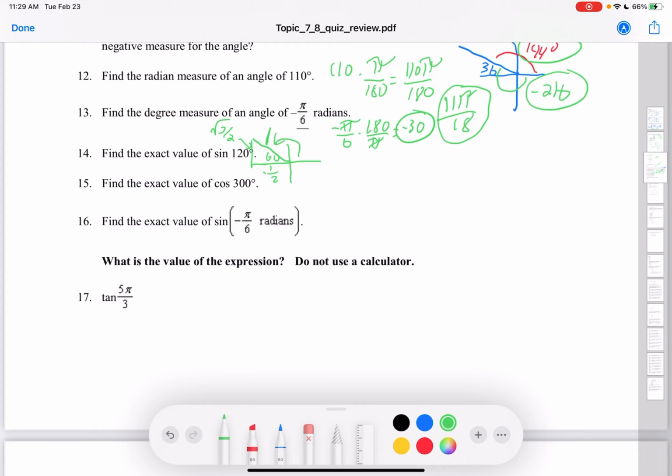Since we're going up, the exact value of the sine of 120 is the square root of 3 over 2, and this is positive. It's not negative. The answer sheet says this is negative, but this is not negative. The answer for this is the negative square root of 3 over 2. I'm sorry, positive square root of 3 over 2. I probably changed it. Might have said cosine originally, but anyway, it's positive.